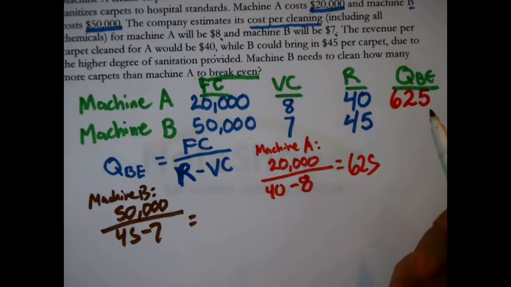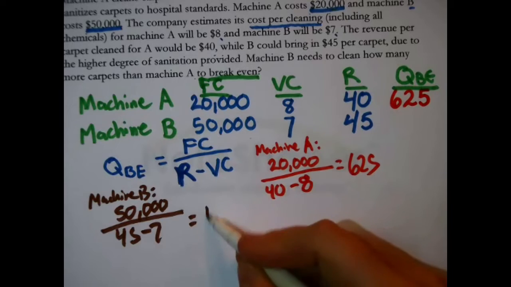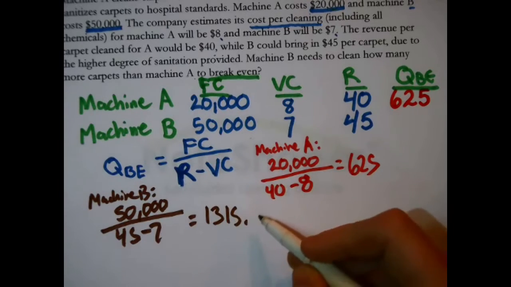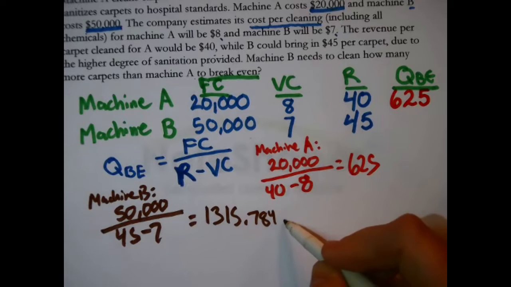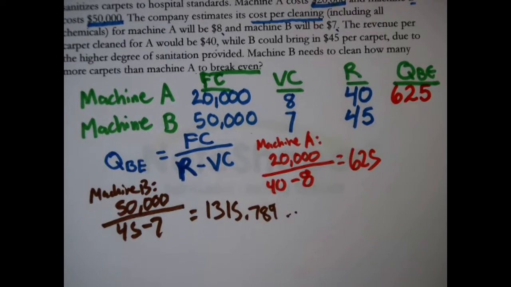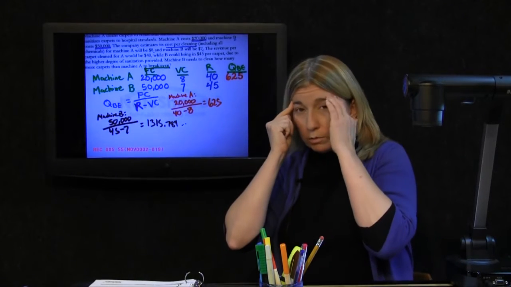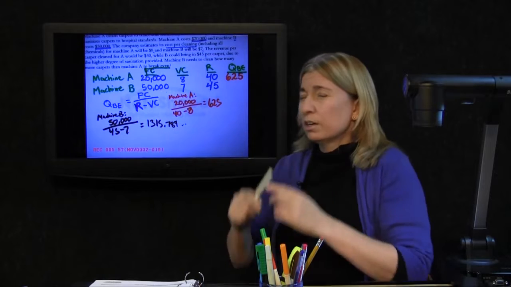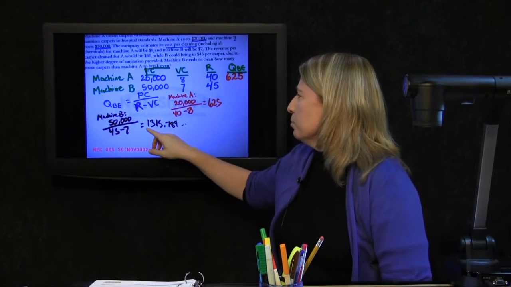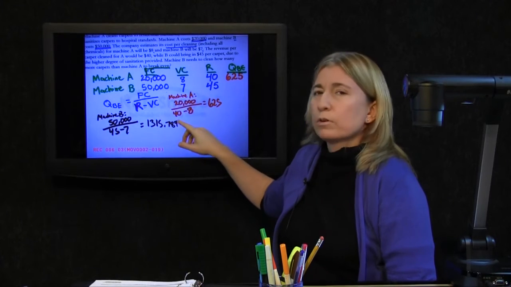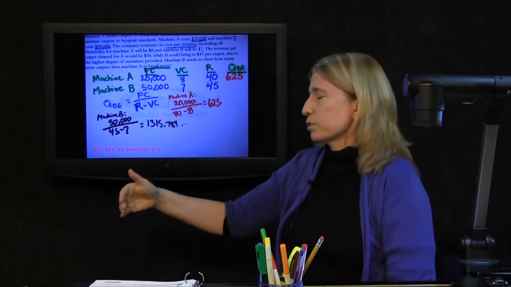All right, I put that in my calculator, and I get a rather ragged number, 1,315.789, and it keeps going. It doesn't come out evenly, unlike machine A. Little point to remember with break-even quantities. Machine B has to clean at least this number of carpets to just cover its costs.